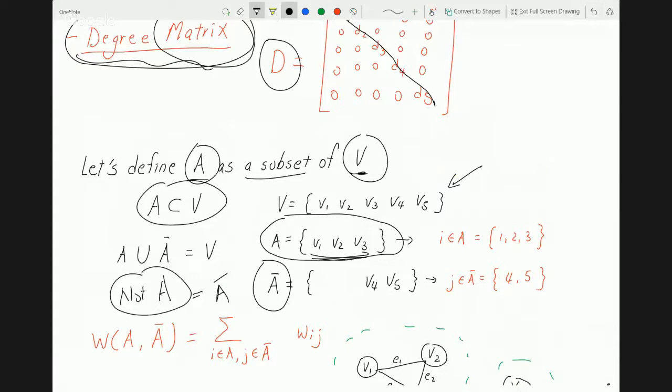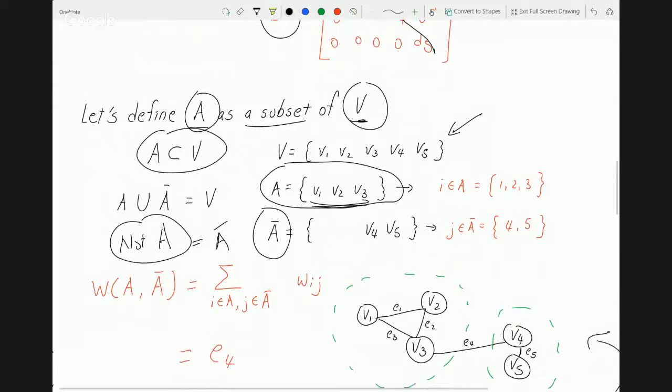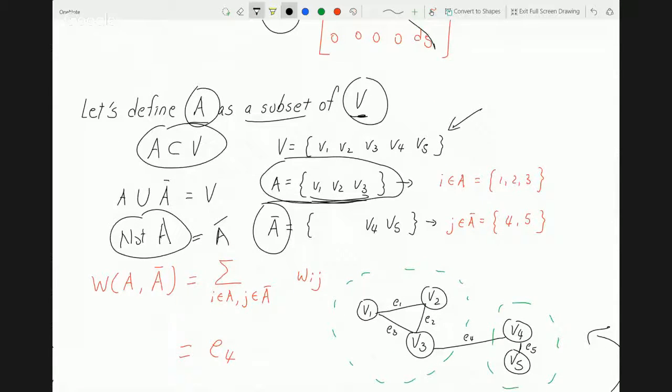Now, if you have A right here, instead of getting only the vertices, you can also get the indices. So if we do i an element of A, instead of getting the set of vertices, we get just the indices 1, 2, 3.